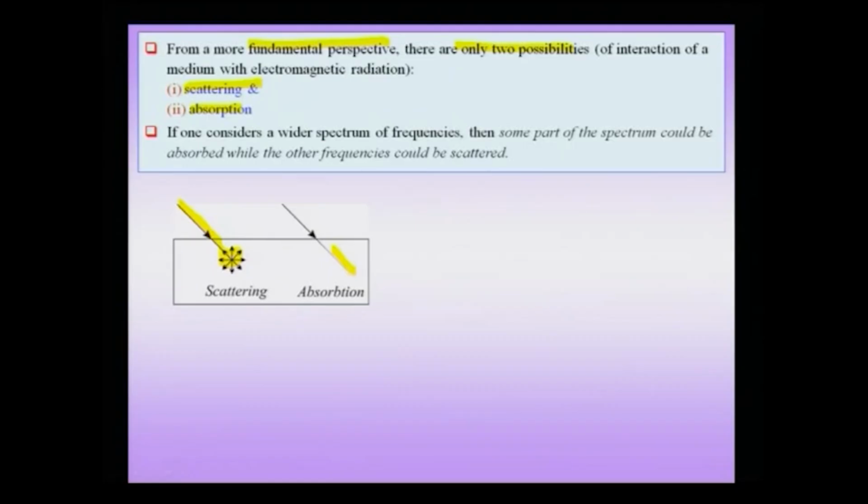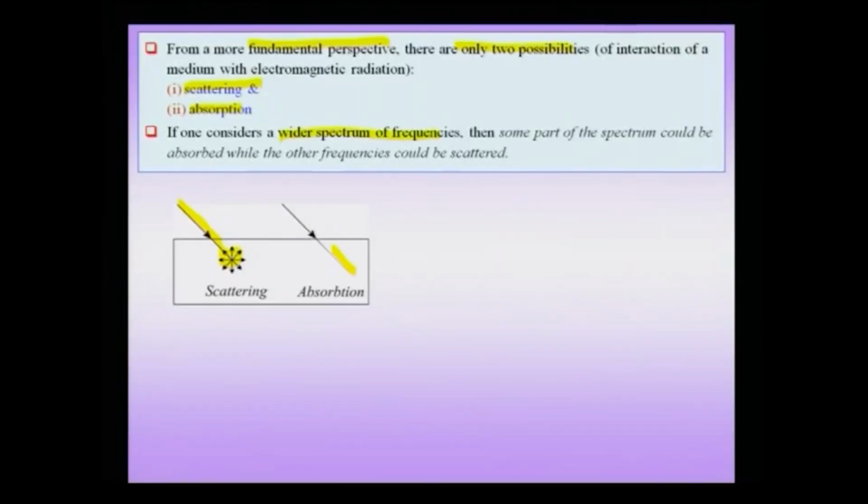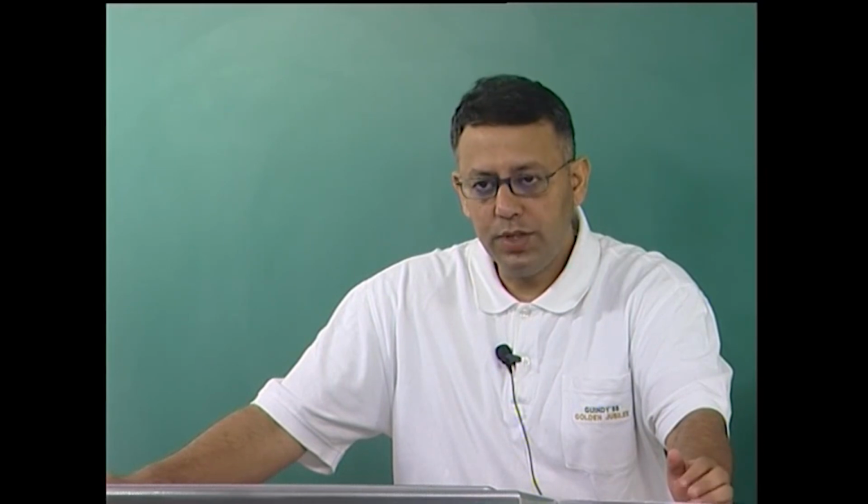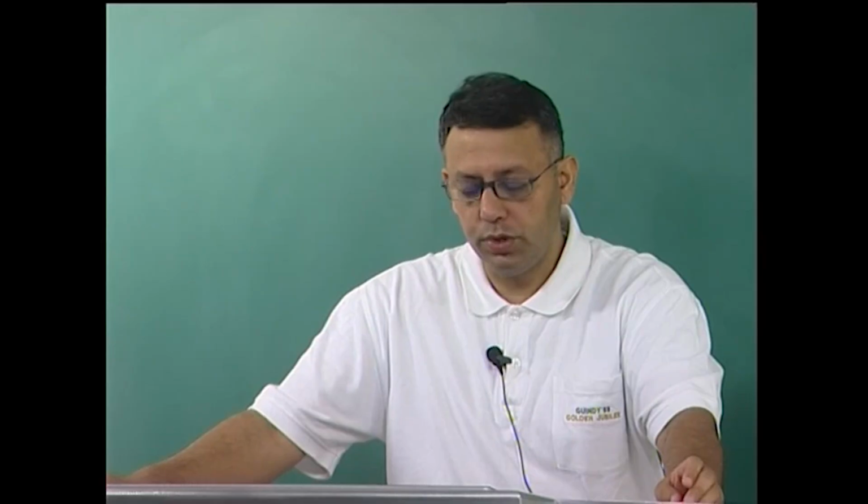And if you are talking not about a single frequency entering a material, but a wider spectrum of frequencies, in other words panchromatic radiation, then some part of this electromagnetic spectrum could be absorbed, while other frequencies could be scattered. In other words, you could have a medium which absorbs some frequencies, which transmits other frequencies, and which could reflect certain other frequencies. This is a possibility when you have radiation consisting of a large variation in the frequencies.